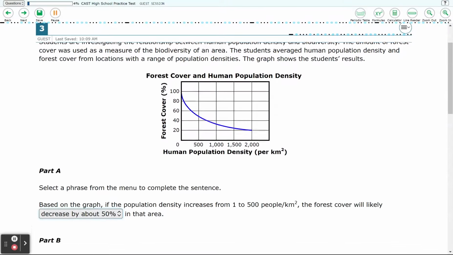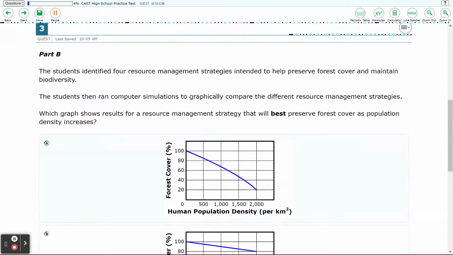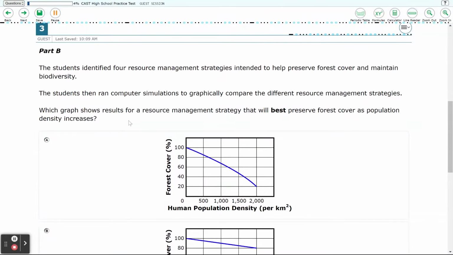Moving on to part B of number 3, we see that the students identified 4 resource management strategies intended to help preserve forest cover and maintain biodiversity. The students then ran computer simulations to graphically compare the different resource management strategies.